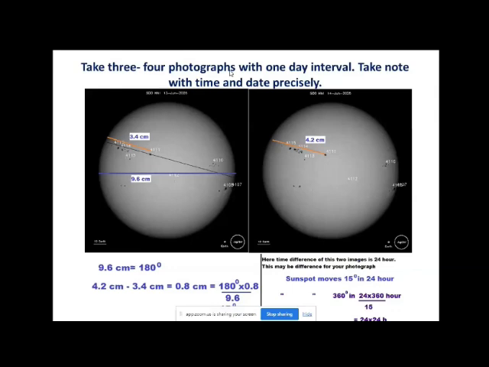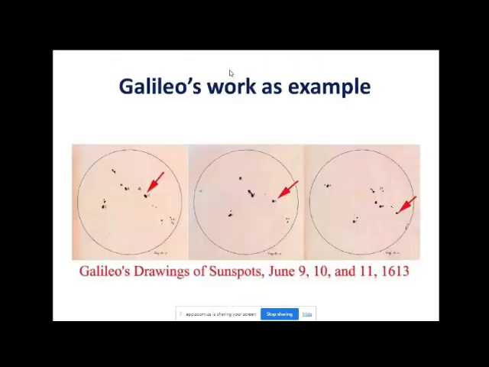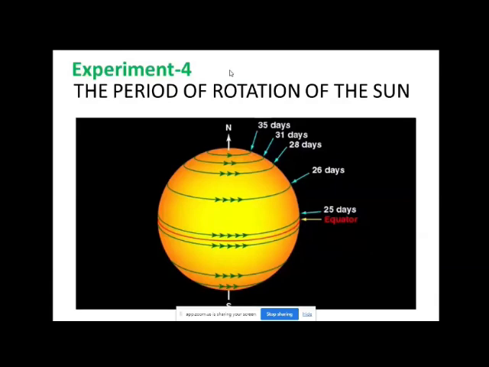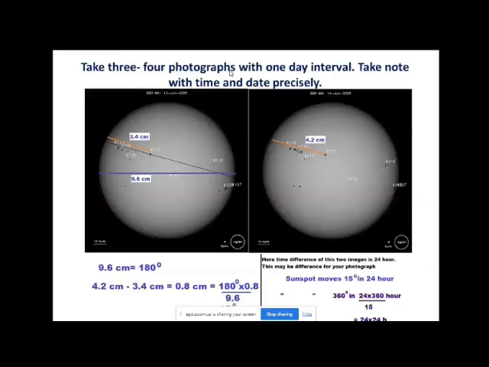Roughly this region rotates in about 24 days. This region should have a result between 25 and 26 days. So we have measured 24 days.